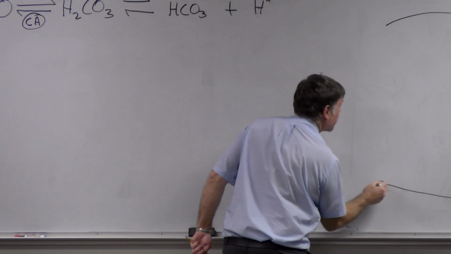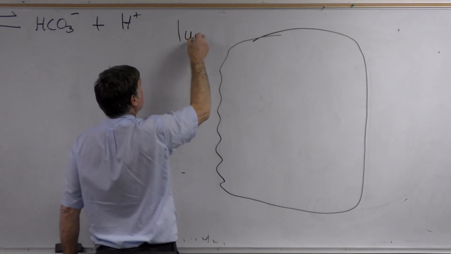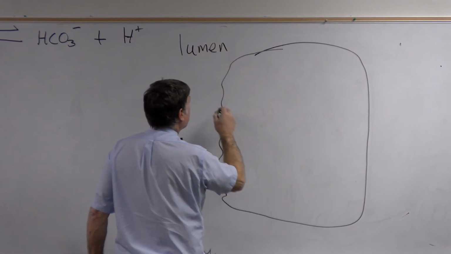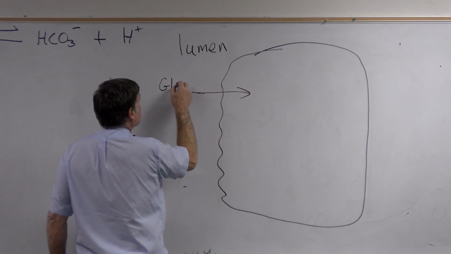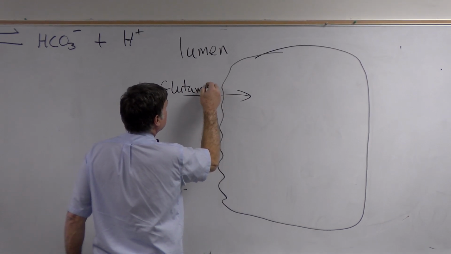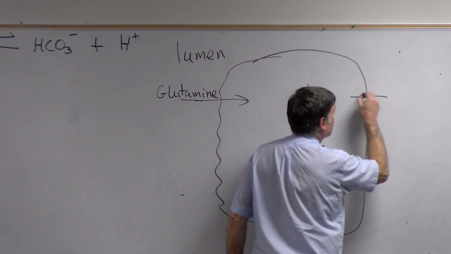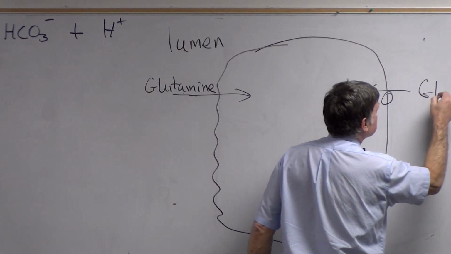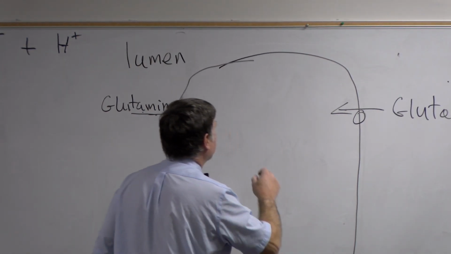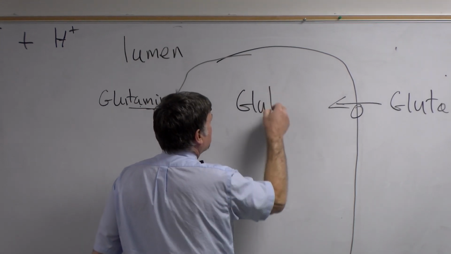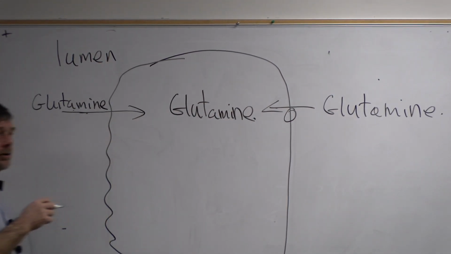So in the proximal tubule, this is the lumen. Glutamine can be filtered, and actually it can also be secreted. And I think it says that on the diagram. And so you get glutamine inside the proximal tubule cell.